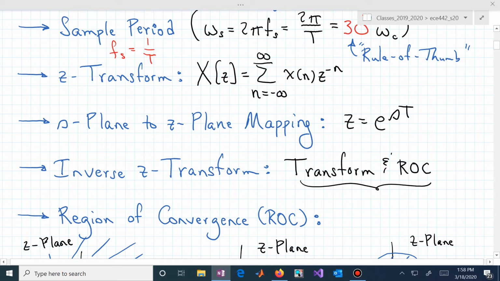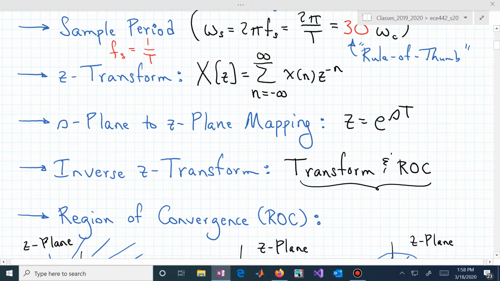And why do we need the transform and the region of convergence? Is it important to have both of those, or why do we say we need both the transform and the region of convergence?